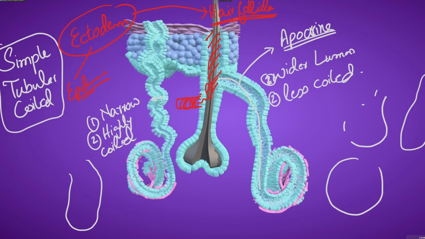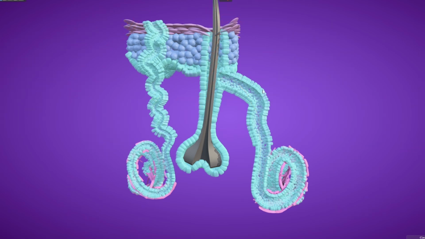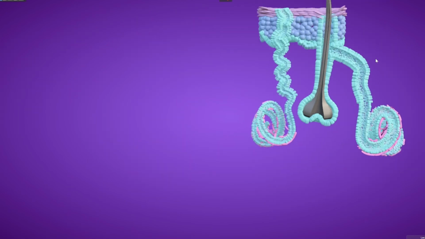But of course, the hair follicle as well as the epidermis themselves arise from ectoderm. So in a nutshell, we can say that both of these glands, including the myoepithelial cells, arise from ectoderm. So this was all about the development of the sweat glands.